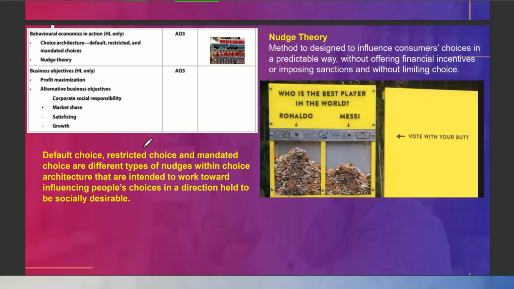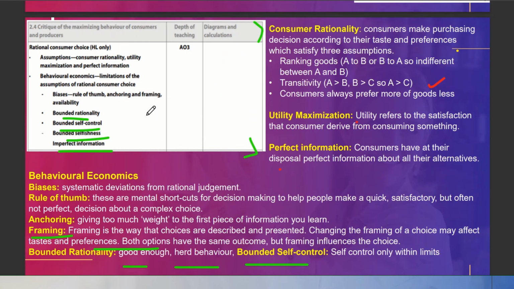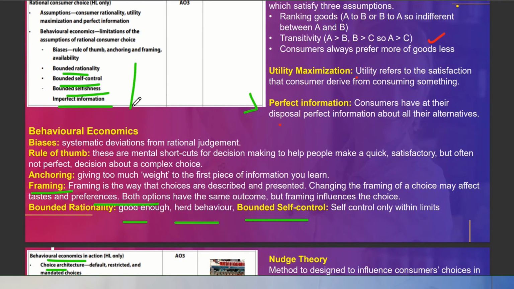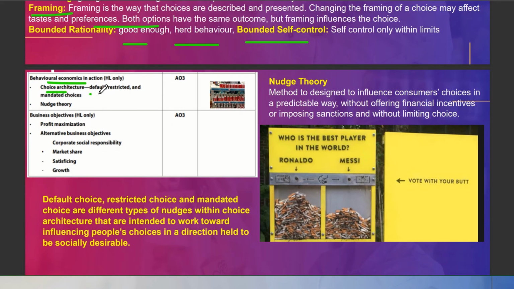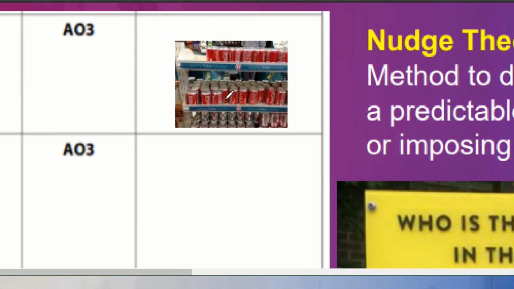And the next part is behavioral economics and choice architecture: default, restricted, and mandated choices. In certain areas, like departmental stores, products are stored in a particular way. That is choice architecture. Look at this picture.